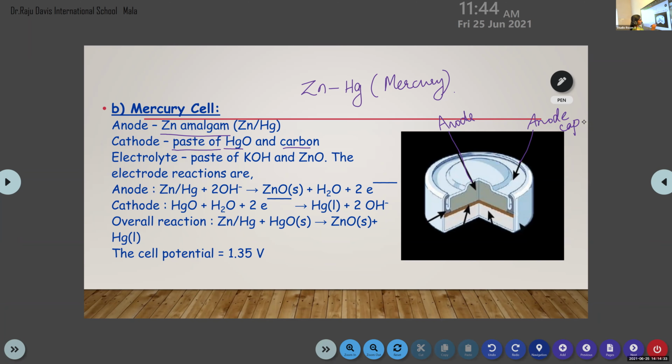Then this is one gasket, the separator. This one is the cathode. Cell can. This is the structure of this mercury cell.